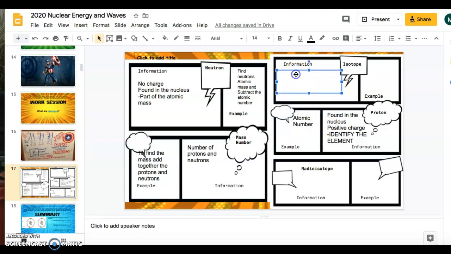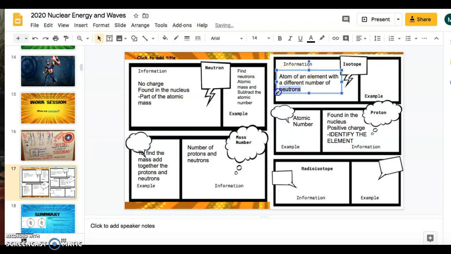Now, all this information is really important to understanding what an isotope is, and that's the meat of our lesson, okay? An isotope is an atom of an element. So there are specific ones that we'll normally work with, but in this case, we're just doing a broad definition. But it's the atom of an element with a different number of neutrons.